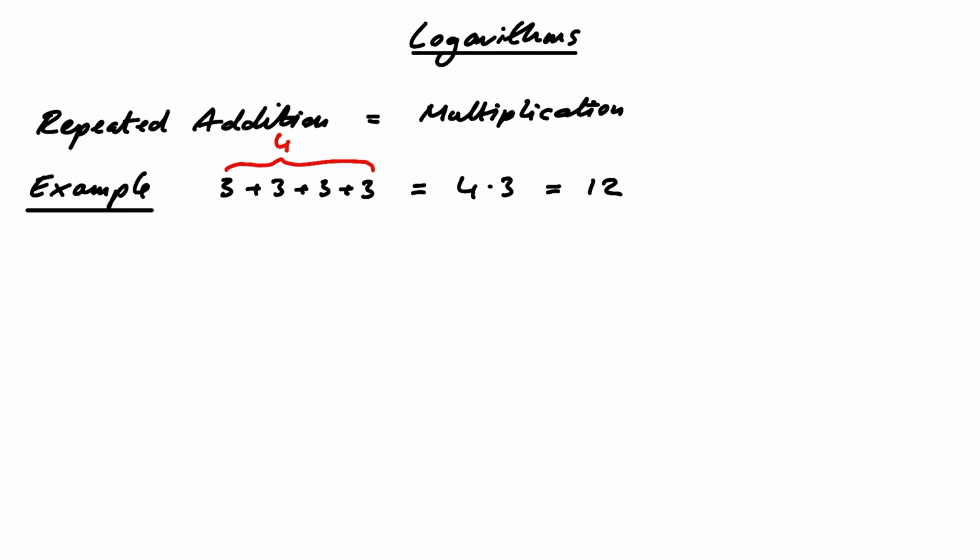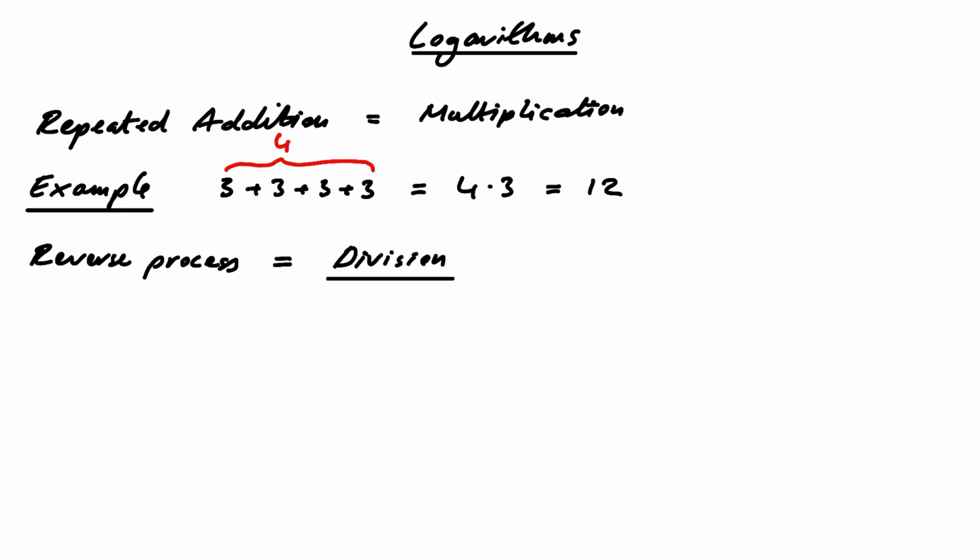Okay, so what's the reverse process of this? Well, the reverse process is the reverse of multiplication, and the reverse of multiplication is division. So the reverse process must be the inverse process to multiplication, which is division. Now, what do I mean by reverse process?